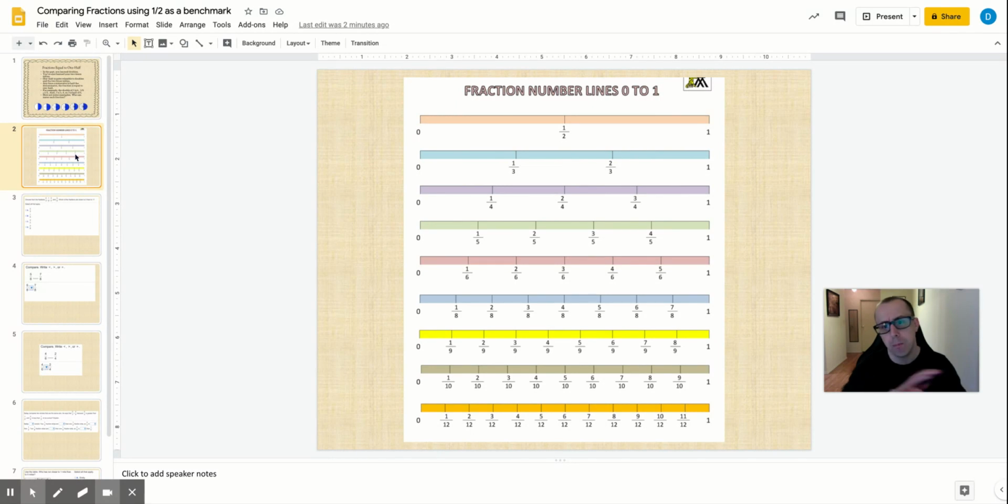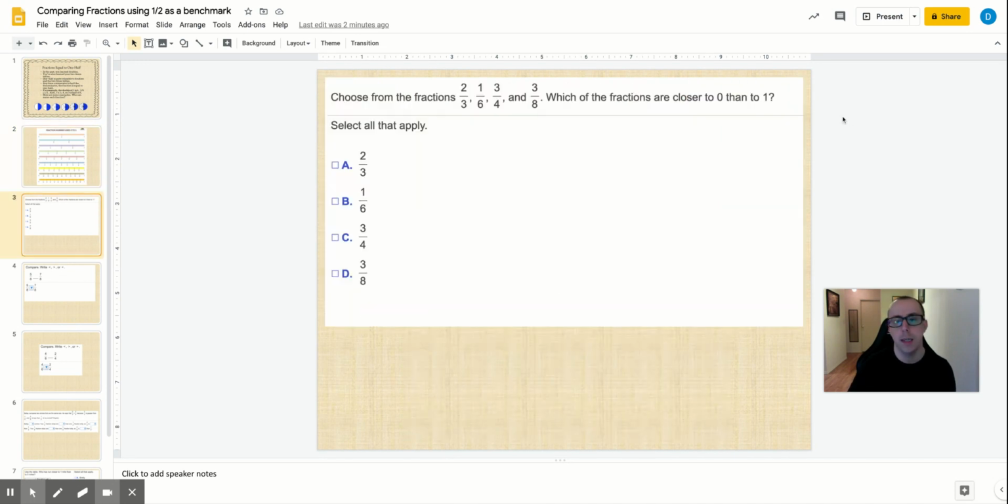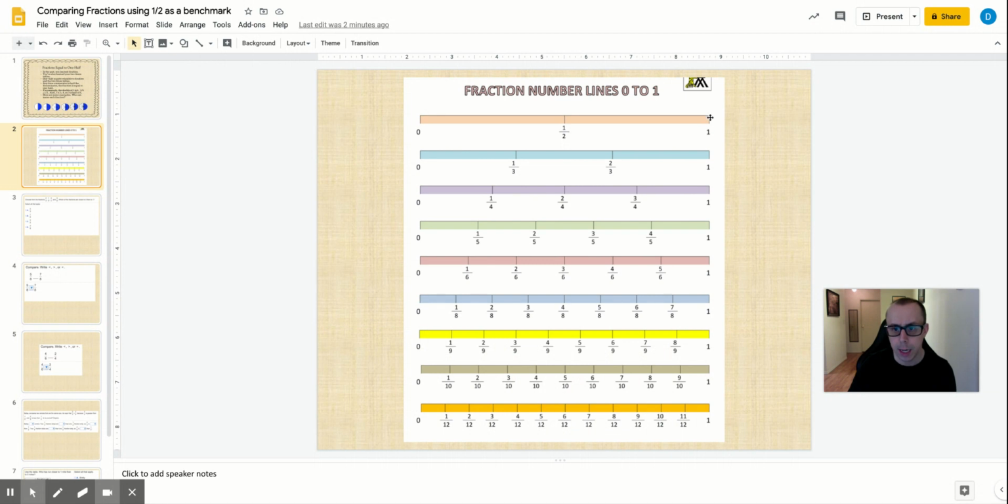The first thing I want to show you is that on the left-hand side is the number 0, all the way down. That's where 0 is represented. And then on the right-hand side is the number 1. A lot of the questioning today is going to be asking you which fractions are closer to 1 than 0, or closer to 0 than 1.